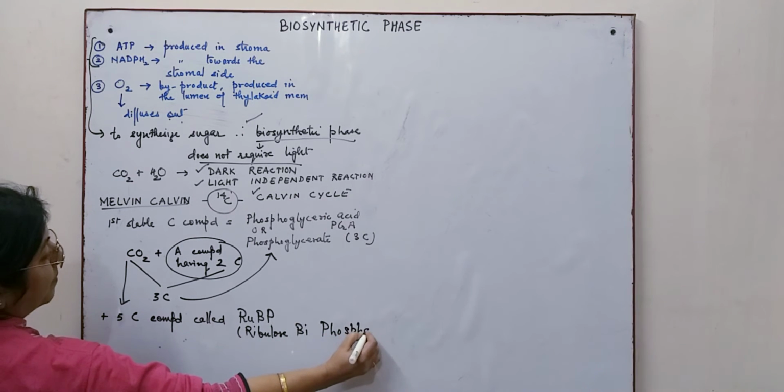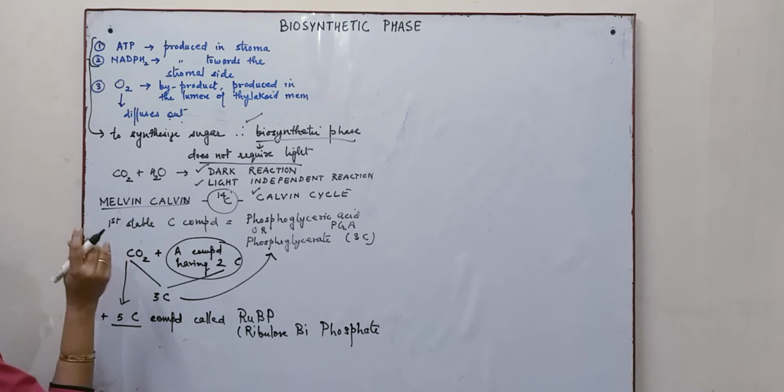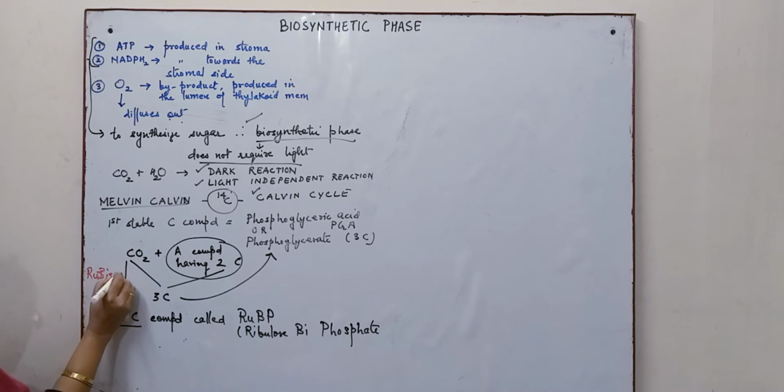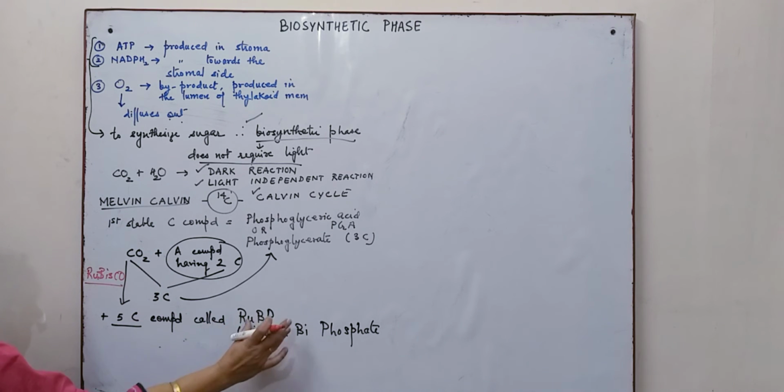This reaction is helped by an enzyme known as rubisco, which helps in the combining of carbon dioxide with the five carbon compound RUBP, or ribulose biphosphate.